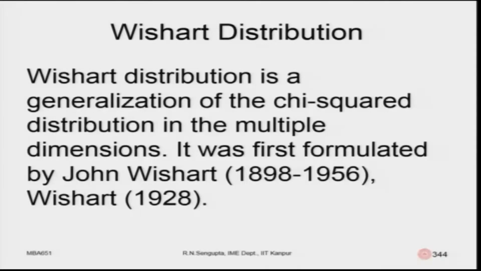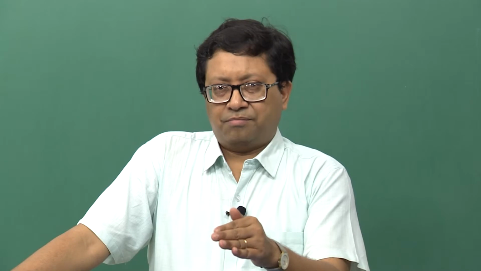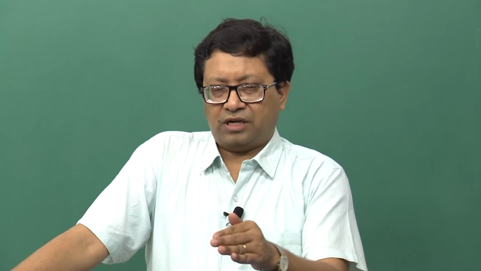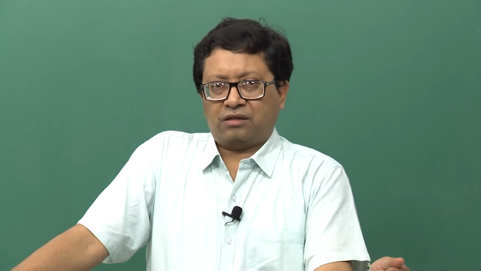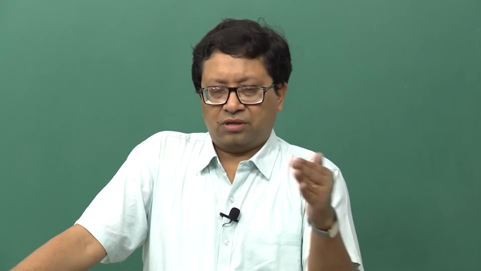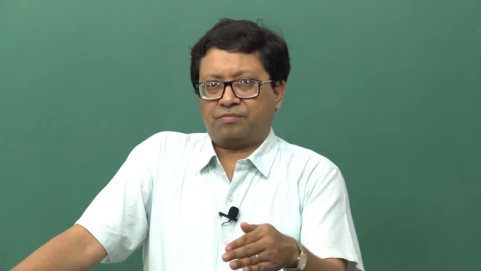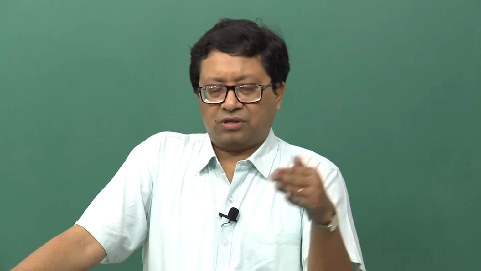Now we come to the Wishart distribution, which is basically a generalization. If you remember, I am going in a very scientific manner: for the univariate normal, then I discussed the p-variate multivariate normal distribution. Then you had the student T distribution, then I discussed the multivariate student T distribution.